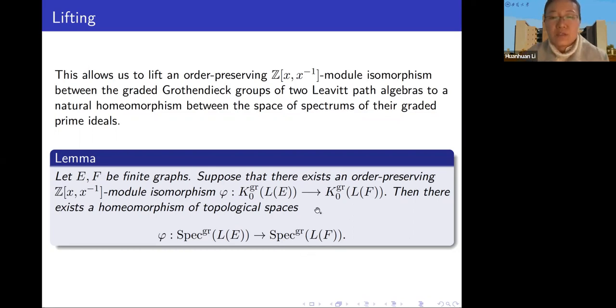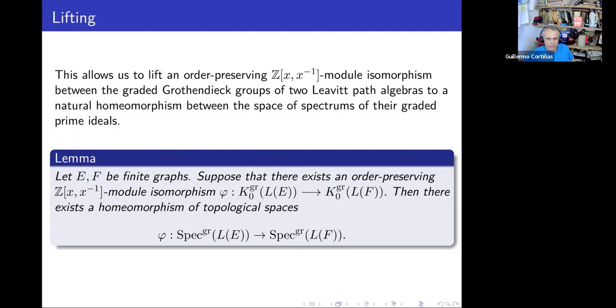In fact, when we have this, later we can relate this graded Grothendieck group with the filtered K-theory. Just a little question: does this topological space, the spectrum of graded prime ideals, carry any canonical sheaf?